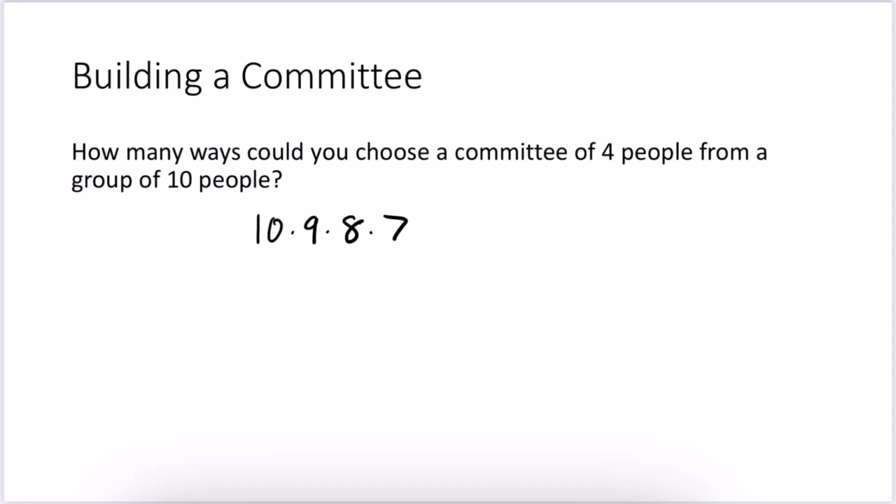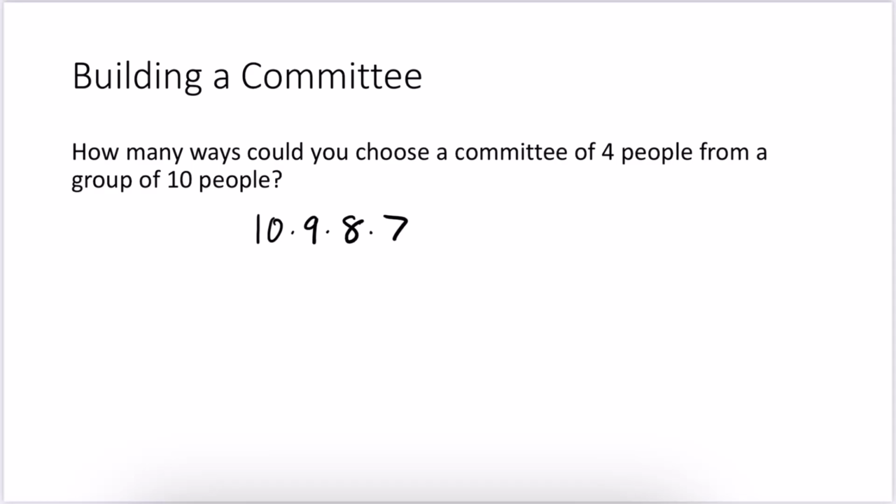Then each of those will branch off into 9 branches, because whoever you chose as your first committee member can't be on the committee again because they're already on it. So you'd have 9 choices for the second person, then 8 choices for the third, and 7 choices for the last person on the committee. So this would be the number of branches in the choice tree.